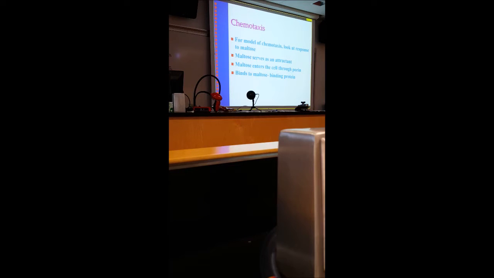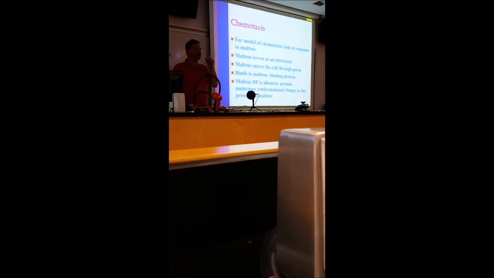Now, it turns out maltose binding protein is an allosteric molecule. That's a new word. Allosteric means that this protein is made to change shape.